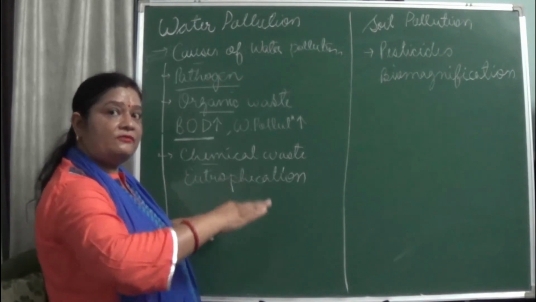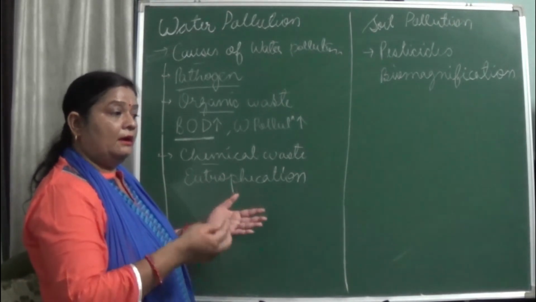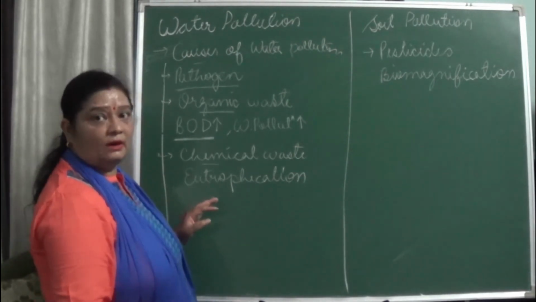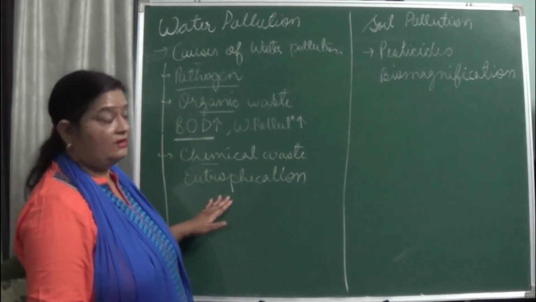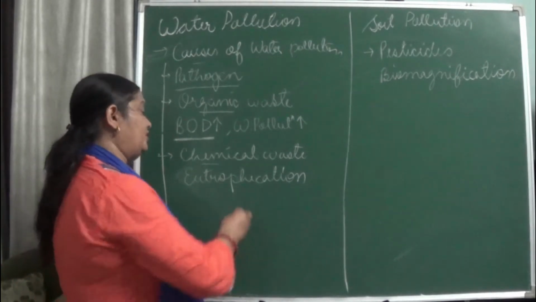And when the surface is totally covered with these plants, the animals inside the water can't get oxygen properly, or the other things for their survival, and that condition is known as eutrophication.